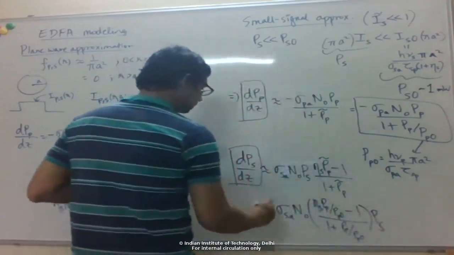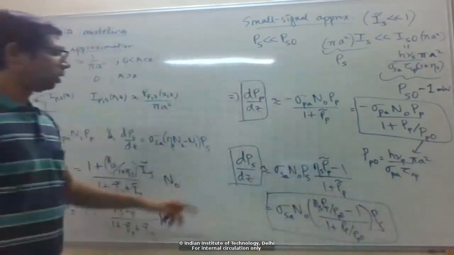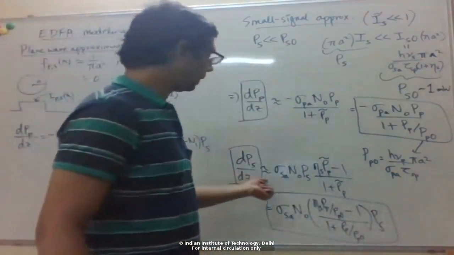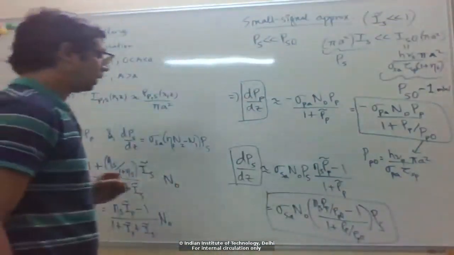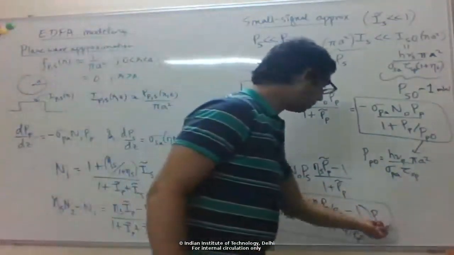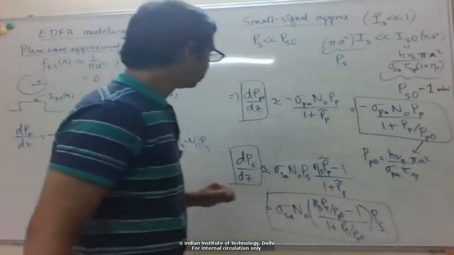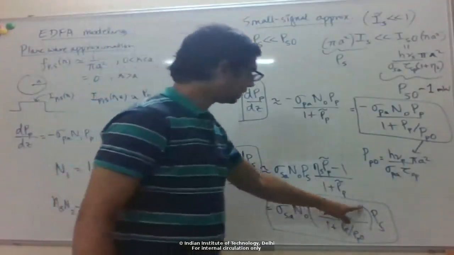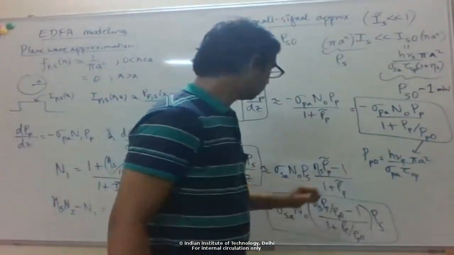Now for the signal propagation, we can see that of course its propagation depends on the pump power. It depends on the signal power, on its own power, but also depends on the pump power. So for example, if this coefficient is positive, that's the condition for gain.